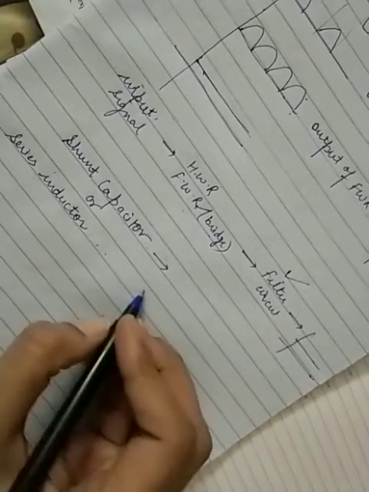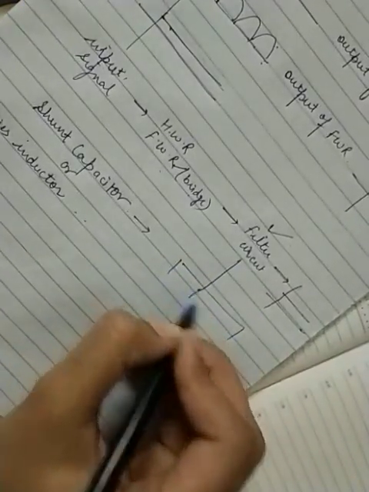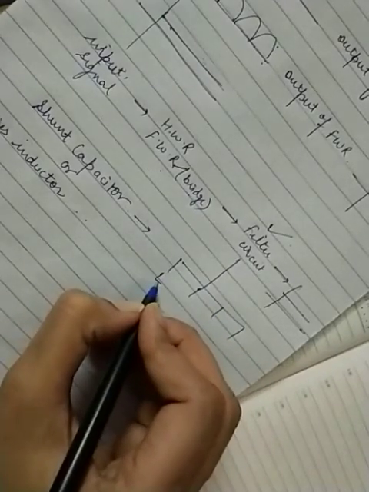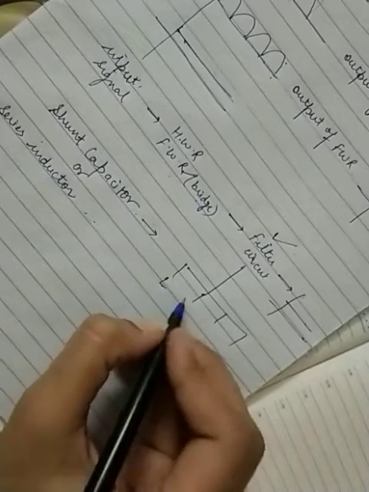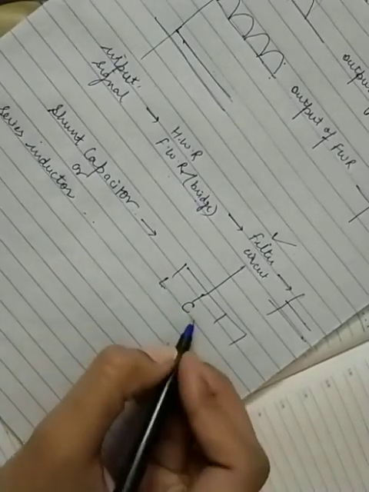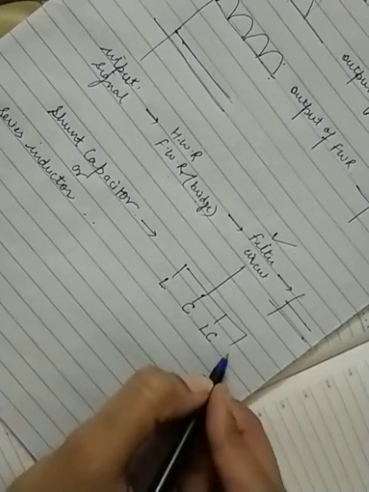So we will basically study 4 circuits. One would be the L filter, or series inductor filter, and the other would be the C filter. The next combination would be the LC filter, and the other we will study is the pi filter.